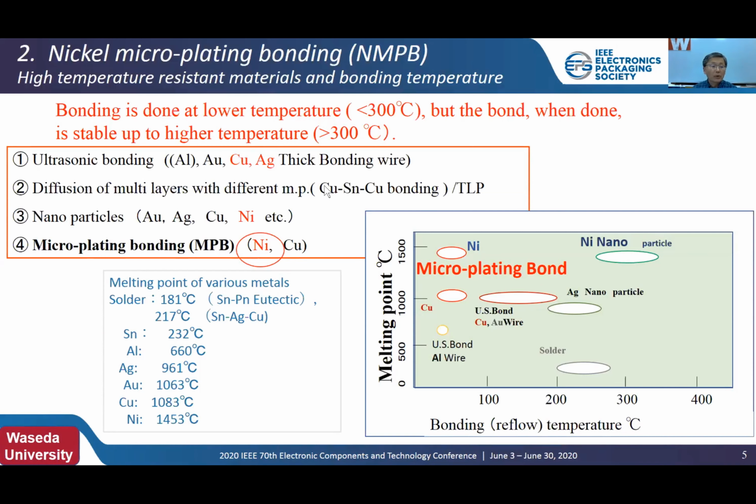There are several possible methods for high temperature resistance materials considered, but mostly still under development for practical use.